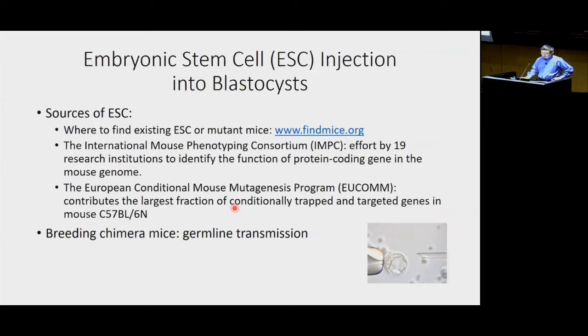The European conditional knockout website does have quality data. They screened the mice, and you can look at the quality data. Based on the quality, you pick 3 clones to import. When I do the injection, I will inject 2 clones, hopefully with at least one of them going germline. So that's where you get the ESLs.